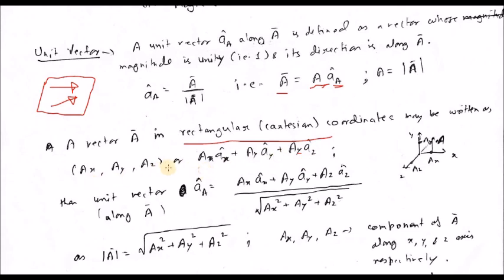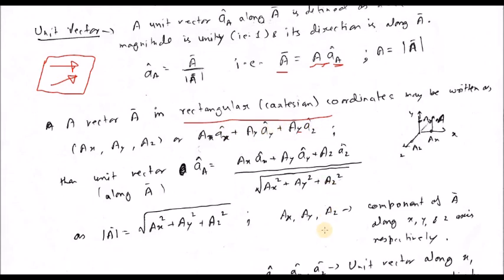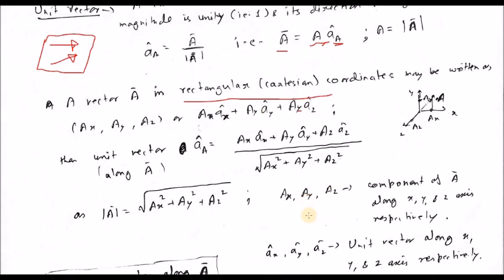These Ax, Ay and Az are components of vector A along x, y and z direction, or x, y and z axis. This ax cap, ay cap and az cap are unit vectors along x, y and z respectively, and capital Ax, capital Ay, capital Az are components of vector A along x, y, z axis.